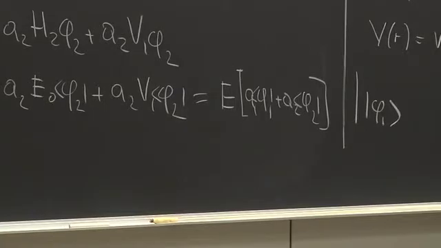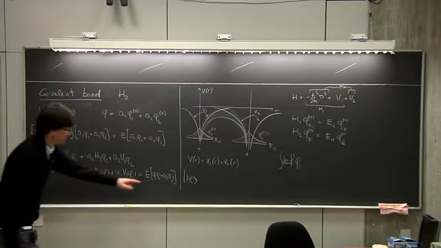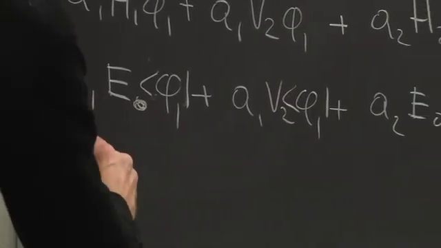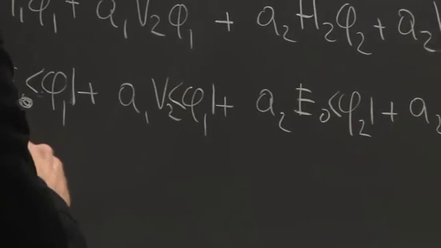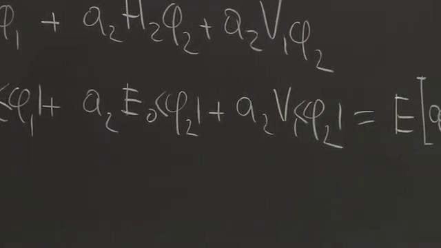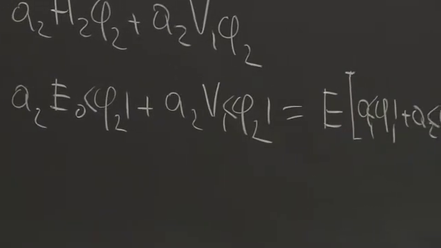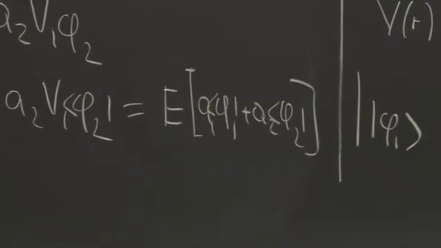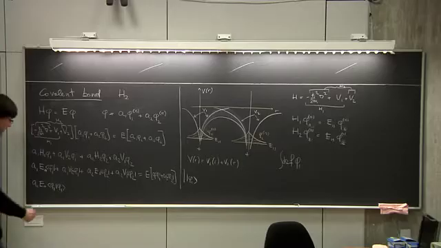And I'm going to write the result here in the next line. So, first term, <phi 1|phi 1>, A1, E0, <phi 1|phi 1>. But what is <phi 1|phi 1>? 1, right? Because phi 1 is the solution of a Hamiltonian, so this must be normalized. So this is 1.